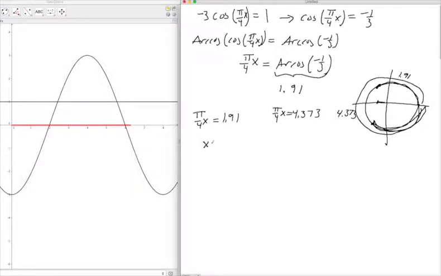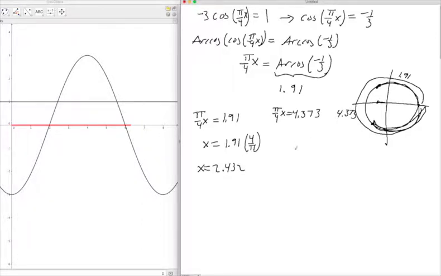When I do, I get x equals 1.91 times 4 over pi, because I just multiply both sides by 4 over pi, and they cancel each other out. And what I get when I do that is 2.432. So I get x equals 2.432.